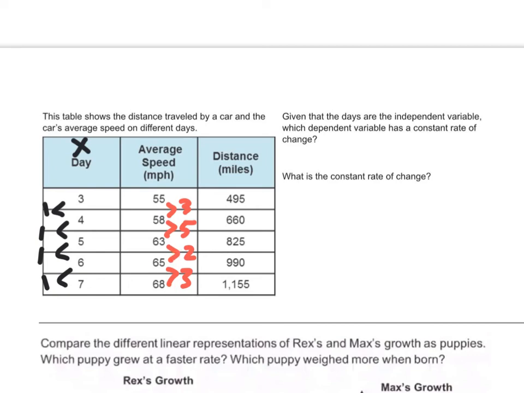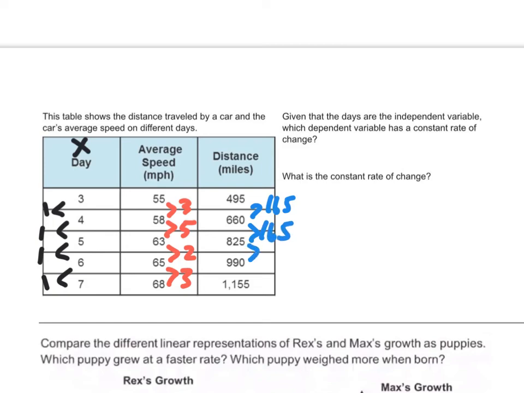Okay, to figure out the distance traveled, let's do a couple of things here. Hold on. So the change in distance here, for these two, is 165, okay? If I go 825 minus 660, I get 165. Ooh, okay, I see what's going on.